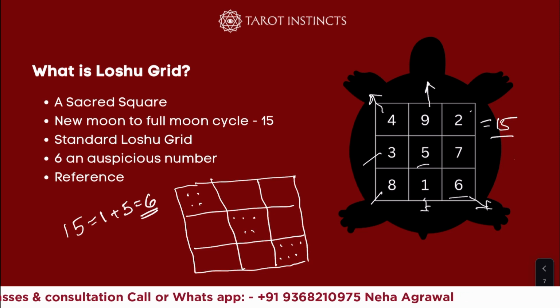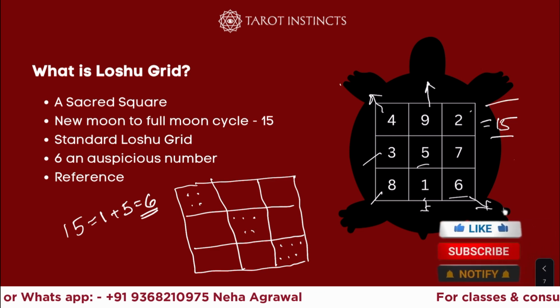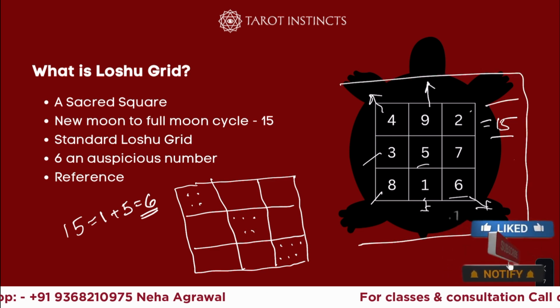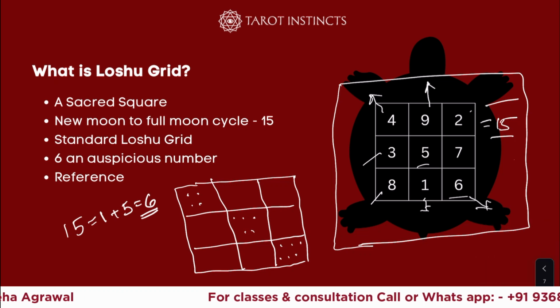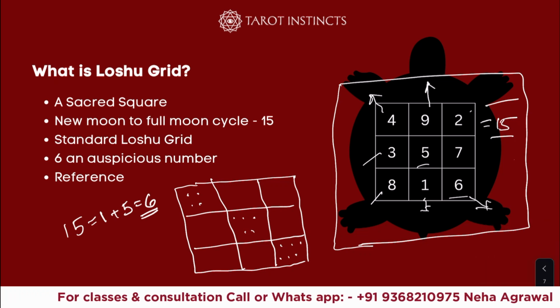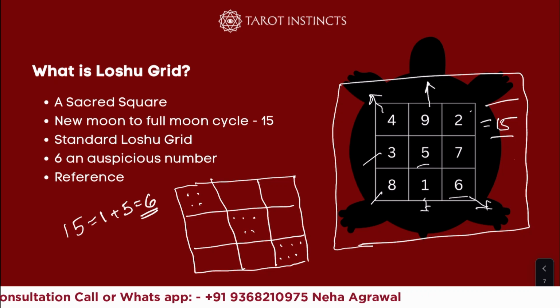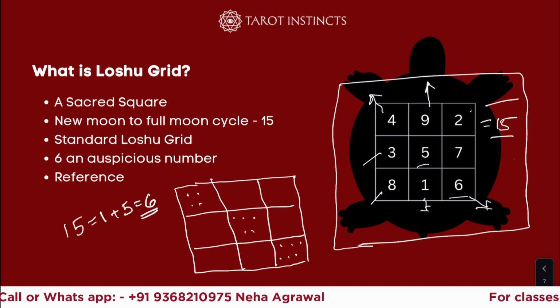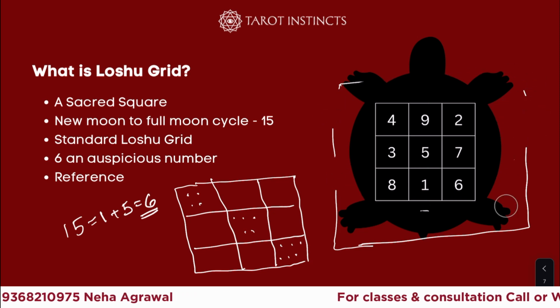Also, because this chart was something very important for them, they started making predictions out of it. The practitioners started to decode it. And how do they do that? They maintain very long data.